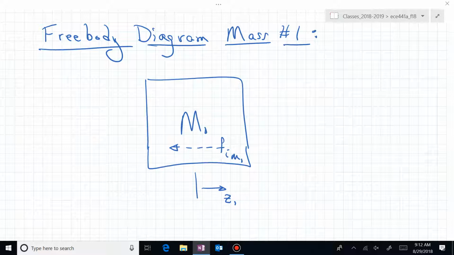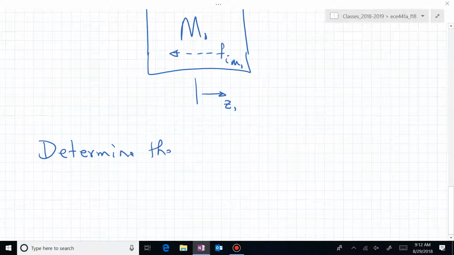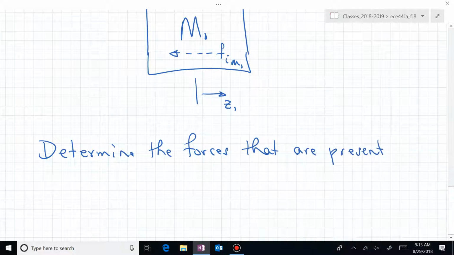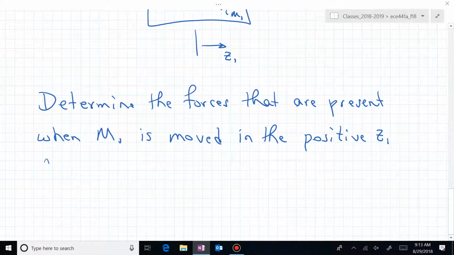And now we want to determine the forces that are present when this mass M sub 1 is moved in the positive Z sub 1 direction.